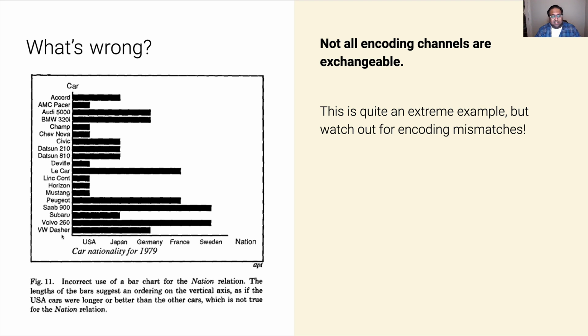And so the way this is set up, it implies that Saab and Volvo are bigger in some way than French or German or Japanese or American cars, but really, there's no numerical quantity in this visualization at all. This encoding is misleading, and this is something that you need to watch out for.